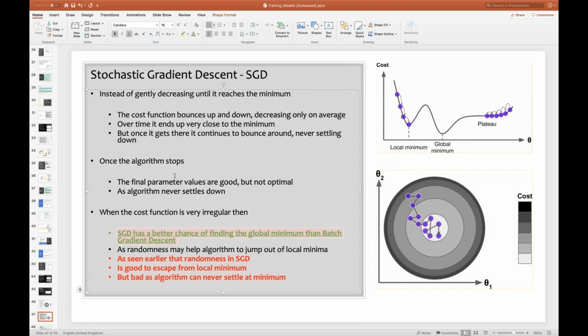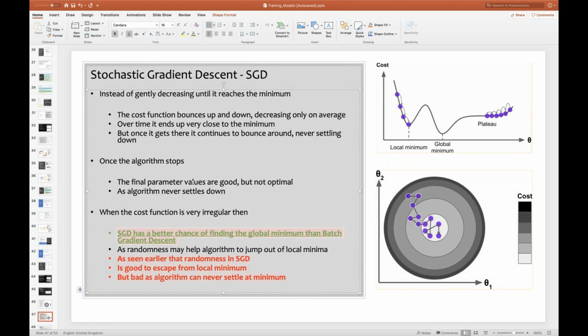Perfect. Because the randomness will help the algorithm to jump out of local minima. Again, when to reach global minima, when to meet local minima, and what is the difference between local minimum and global minimum, you'll understand more deeply once I explain support vector machines, which is our next module. Now try to understand: local minimum is the nearest point where you need to reach the target.